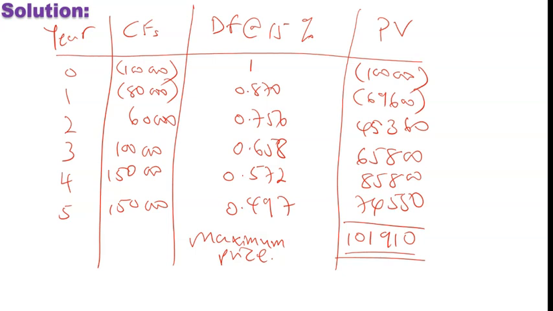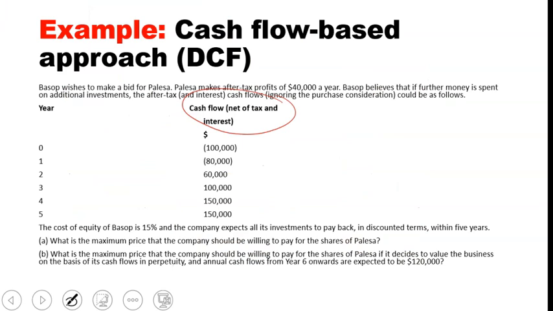Now, part B wants us to determine the maximum price that the company should be willing to pay for the shares of Palesa if it decides to value the business on the basis of its cash flows in perpetuity and annual cash flows from year 6 onwards.